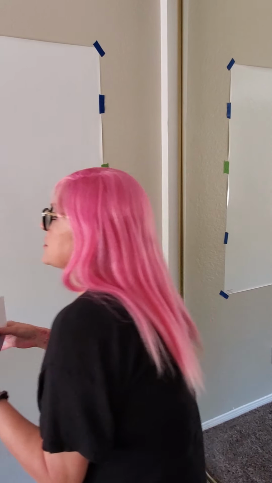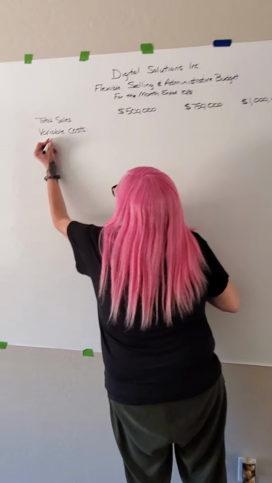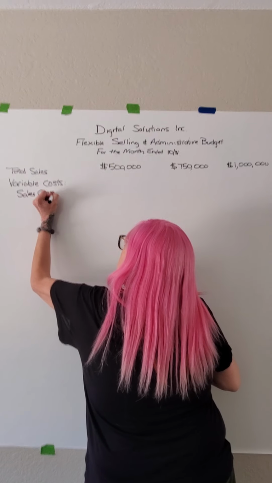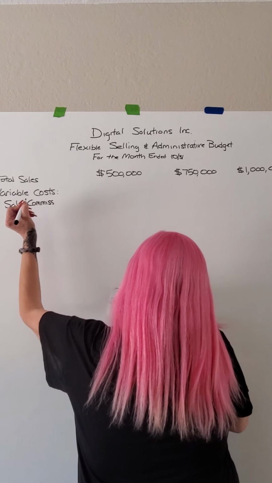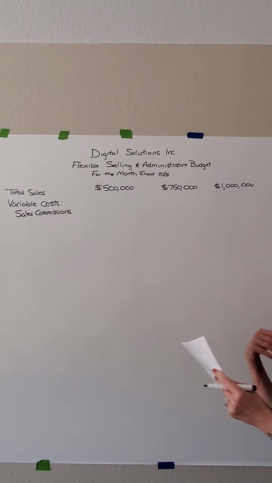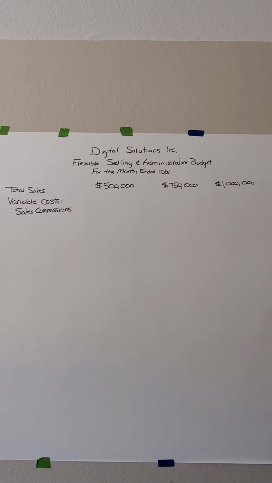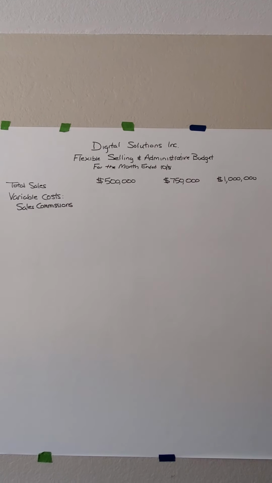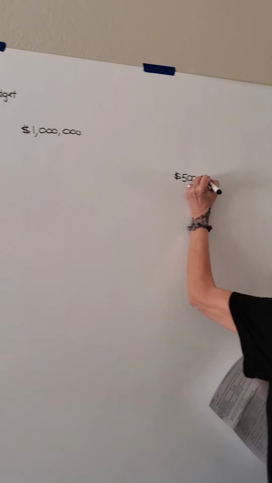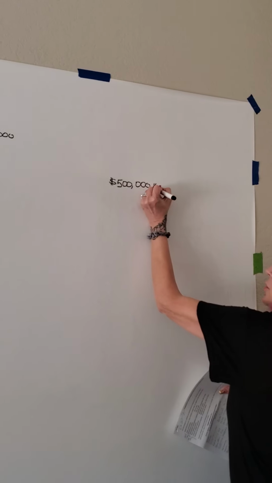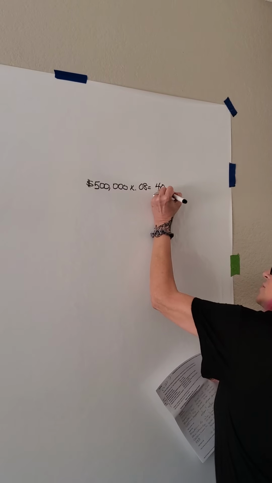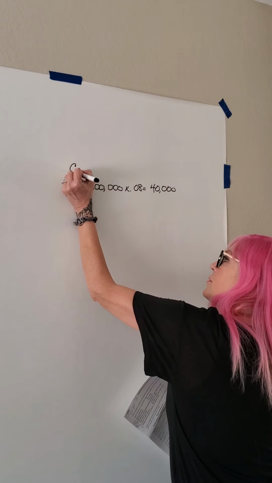And like I said, sales commissions. So the first cost we're going to look at is sales commissions. And sales commissions are 8% of total sales. So if we're looking at $500,000, we're going to multiply that times 0.08, and that amount equals $40,000.